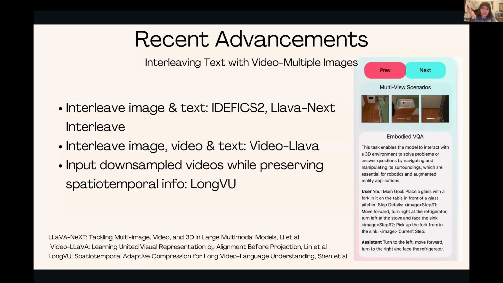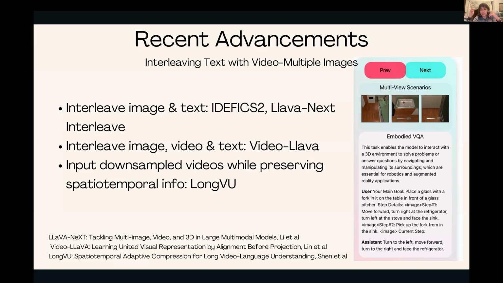And then there are models that can take in interleaved image, video, and text. What you do, I think this model was doing it, is you have the video, and then you downsample the video, like take one frame every X frames, and then pass it to the model.